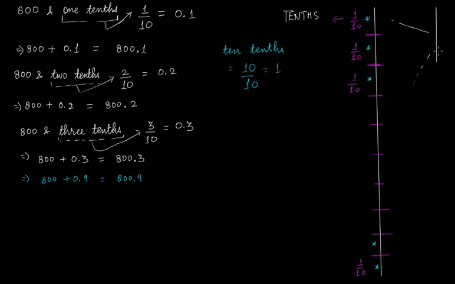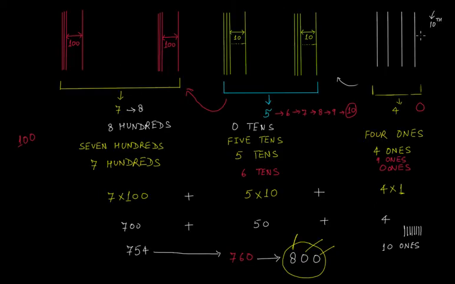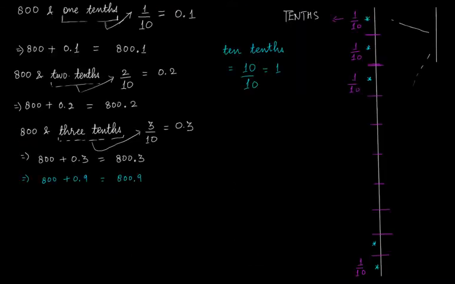That means in this case you have one line segment and that will shift here. Now since you had 800.9 and you were having 0 ones, but now after 0.9, when you are taking all the 10 portions, this will become 10 tenths.